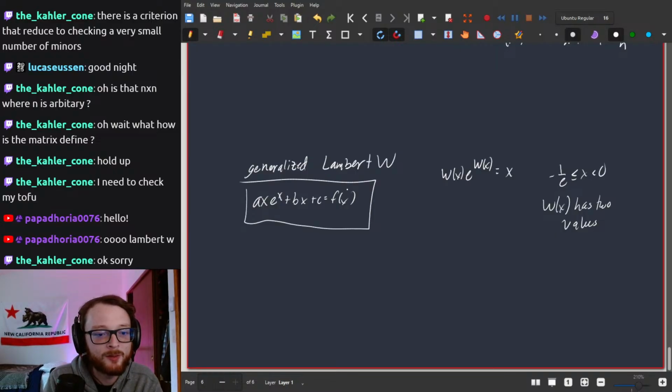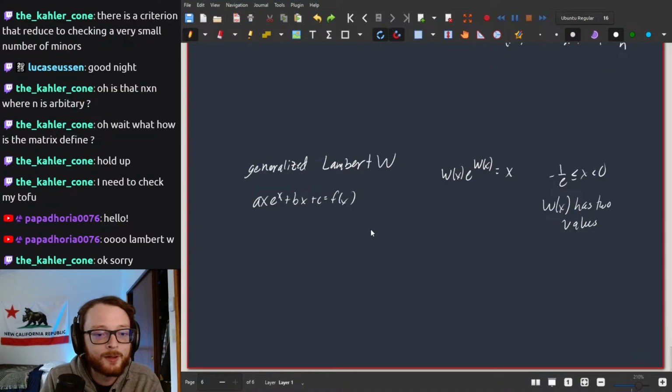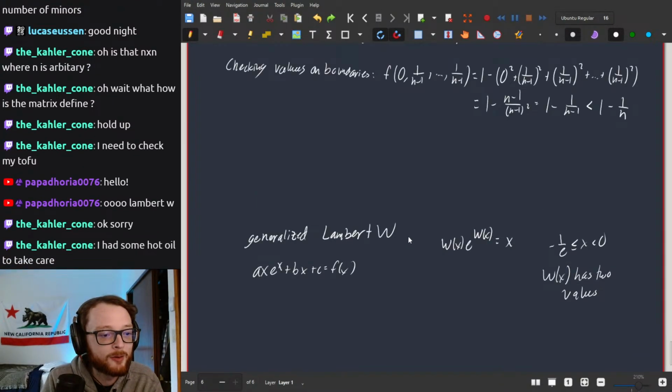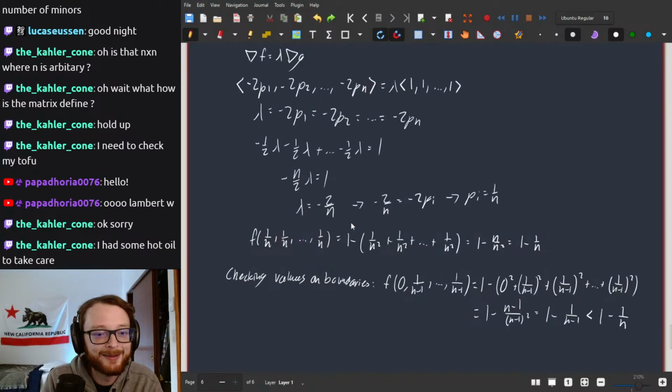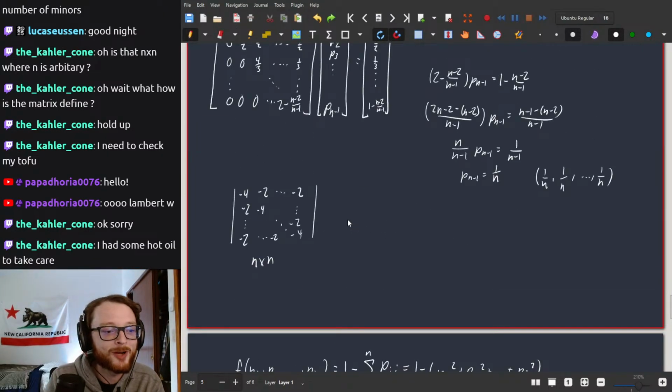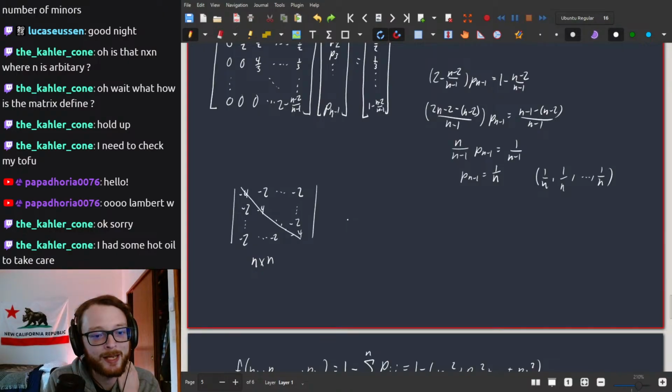I was trying to think of something, but I don't really understand the regular Lambert W function in the first place, so I really don't know what to do with this generalized thing that he suggested. Oh yeah, no worries. Take care of your food. So yeah, the matrix is arbitrary dimension, which was the thing I was struggling with. -4s on the diagonal, -2s everywhere else.